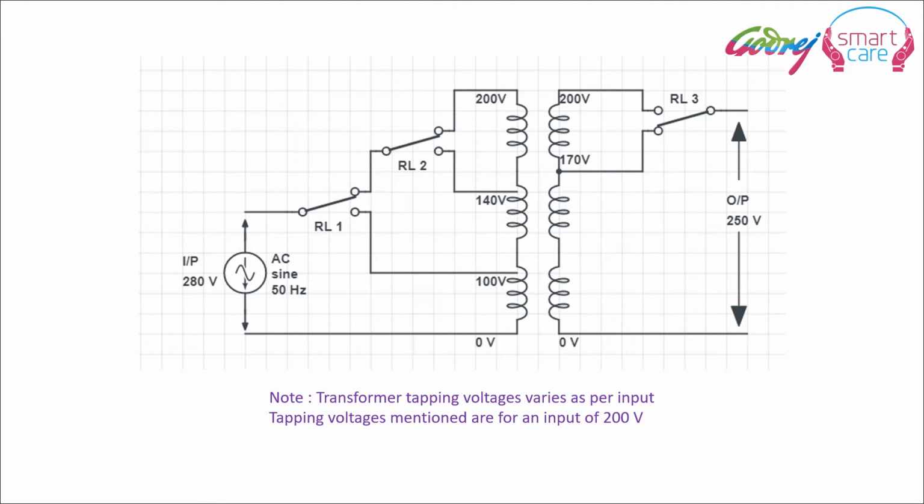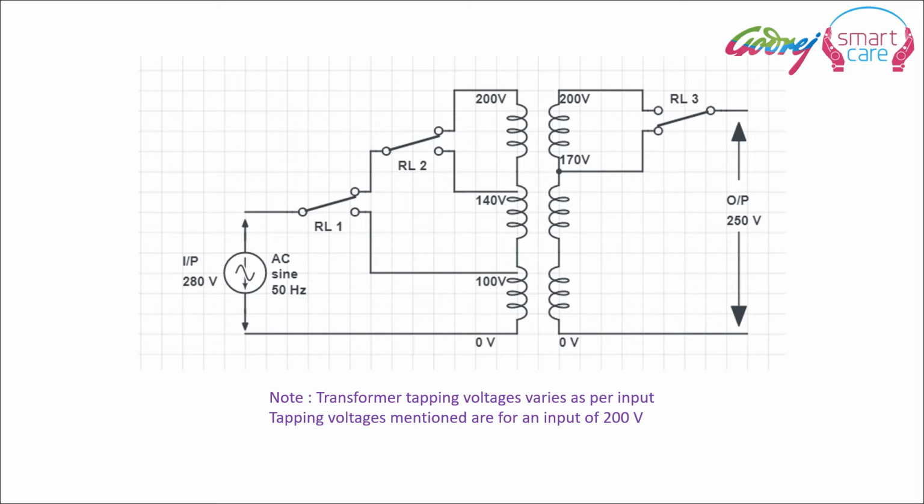Now, for example, if the input voltage varies, here the input voltage is varying and it has gone as high as 280 volts AC. So the comparator inside the stabilizer compares the input and the output voltages, and then it switches on the series of relays which moves the input voltage through that particular transformer winding, which will give the output as somewhere around 250 volts AC.